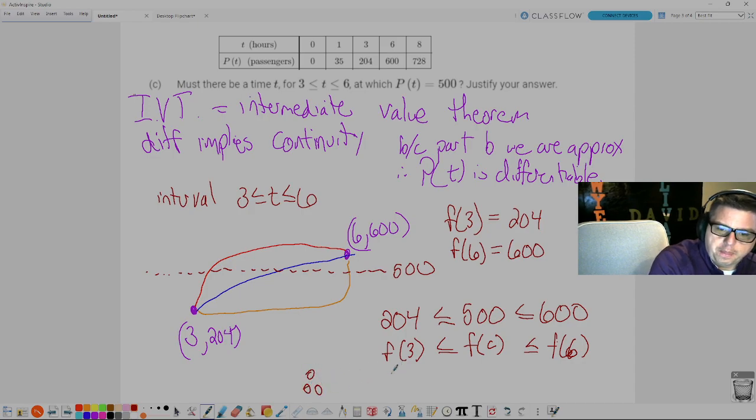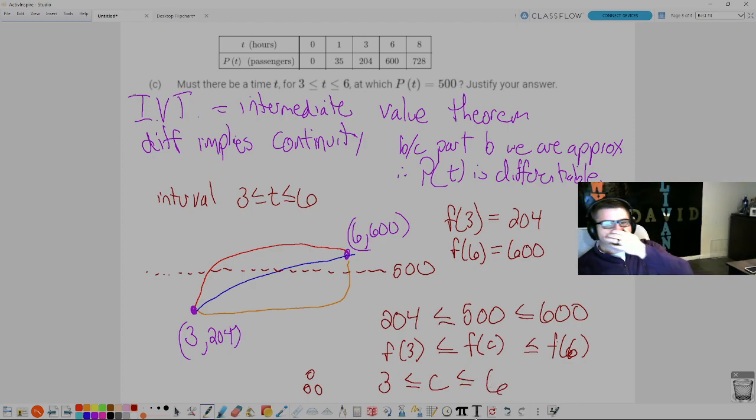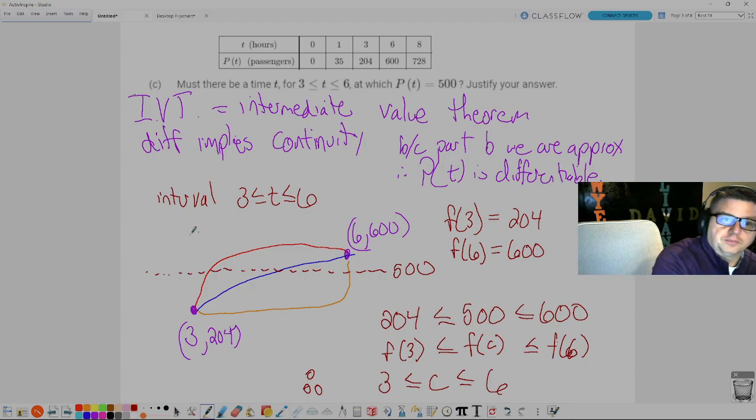Therefore, 3 is less than c is less than 6, because we're looking for when f of c equals 500.